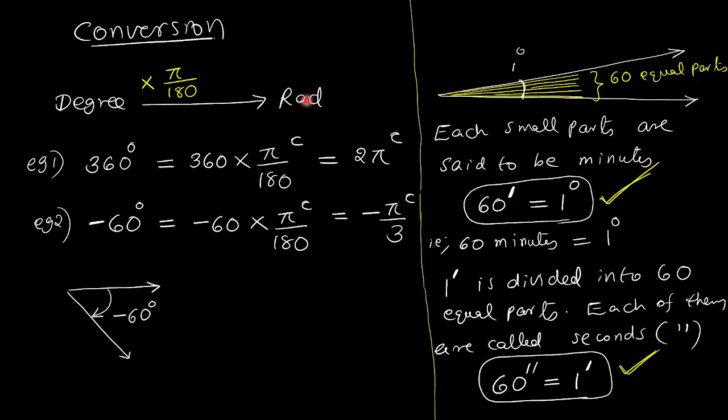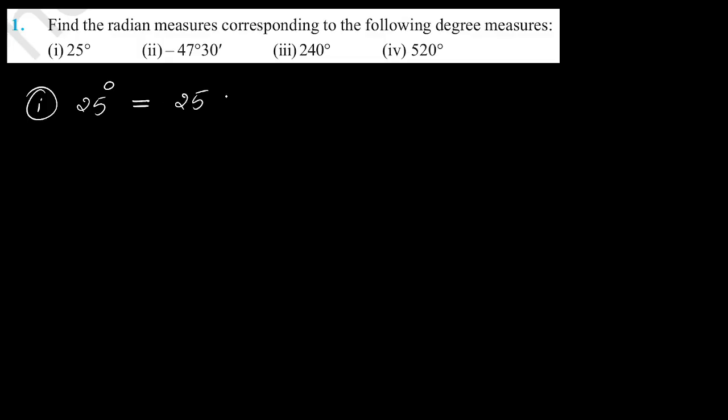Degree can be converted to radian by multiplying with pi by 180. Memorize this. We multiply the degree with pi by 180 to get the radian measure. So the first one is 25 degree to be converted to radian measure.